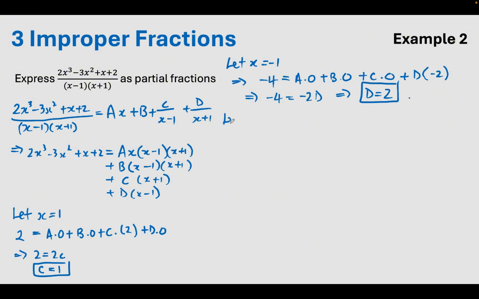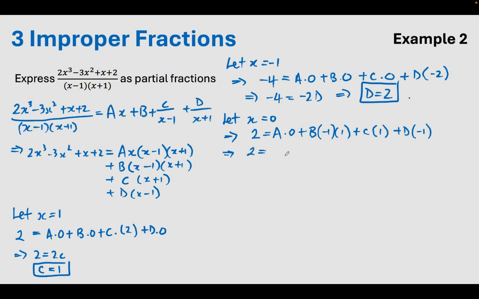Now, for the next one, I can eliminate a by letting x equal 0, but b, c, and d will not be eliminated. So let's see what happens when I do that. On the left-hand side, I get 2 equals a times 0 plus b times minus 1 times 1 plus c times 1 plus d times minus 1.